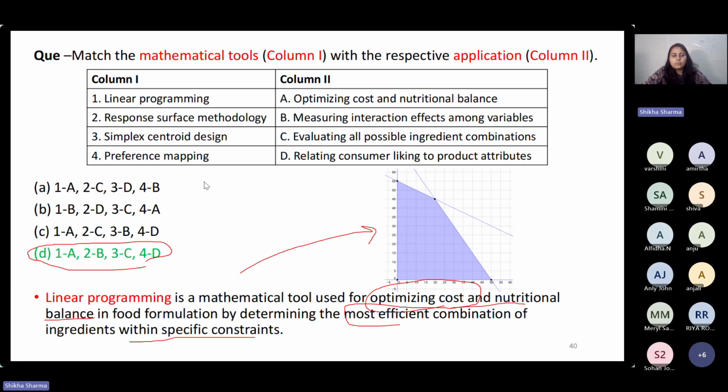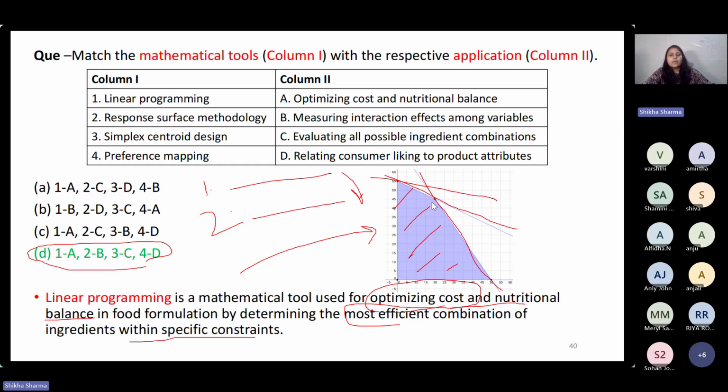In linear programming we have one equation, then a second equation, and when we solve these equations, one line is for one equation and another line is for the other. When we plot them on the graph, it gives some area. If a less than condition was there, we got this area like that.